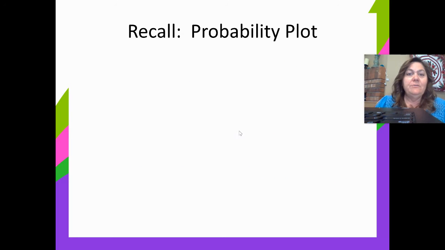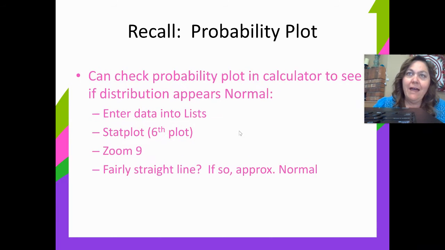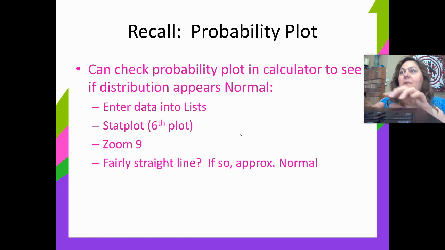I just need you to remember we did a probability plot a while back. A probability plot is great to help you see if your data is normal, because that's one of the things we have to do in order to run this procedure. Remember, one of our conditions is: is this data set normal? And CLT, if it's greater than 30, fine, we're good. But if it's not greater than 30, we need to go look.